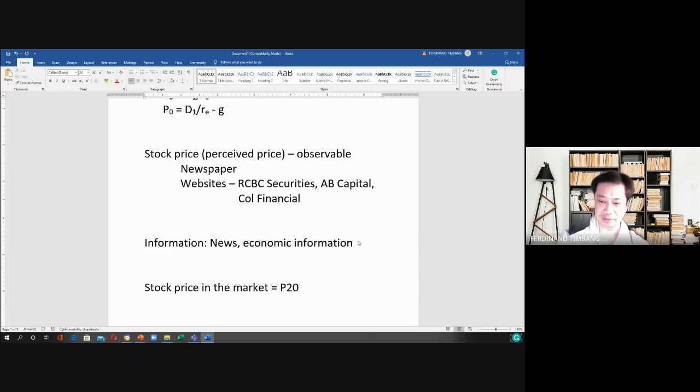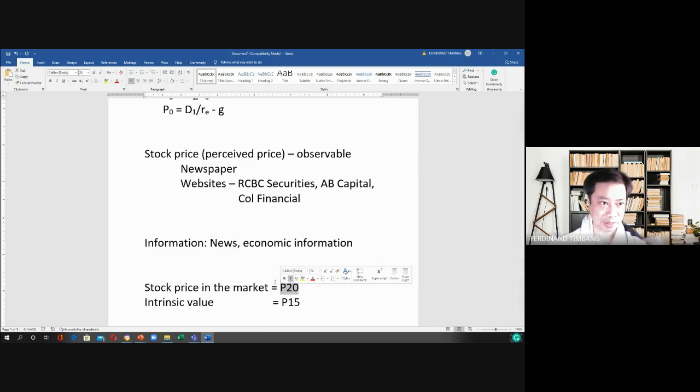No? So let's say yan. Now, based on your computation, your intrinsic value is, let's say, 15. No? So again, let's say our example is that the stock price in the market is 20.